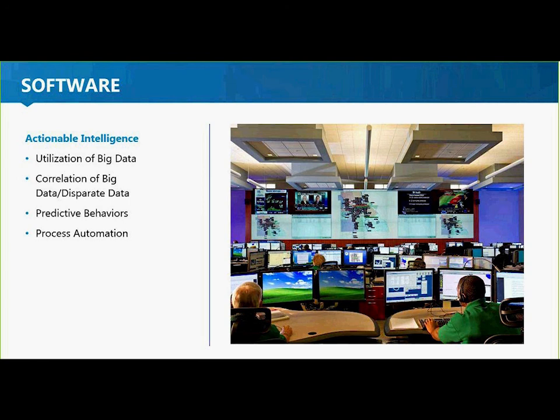What is happening, though, is over the last several years, a lot of companies have started to develop software or enhance the software that they already have to pull in the big data and do analytics on the big data, as well as correlation of the big data, so that it can provide what we define as predictive behaviors and automation of processes. And that's where you get the bang for the buck in terms of best practices with software. And I'm probably preaching to the choir here in many ways.